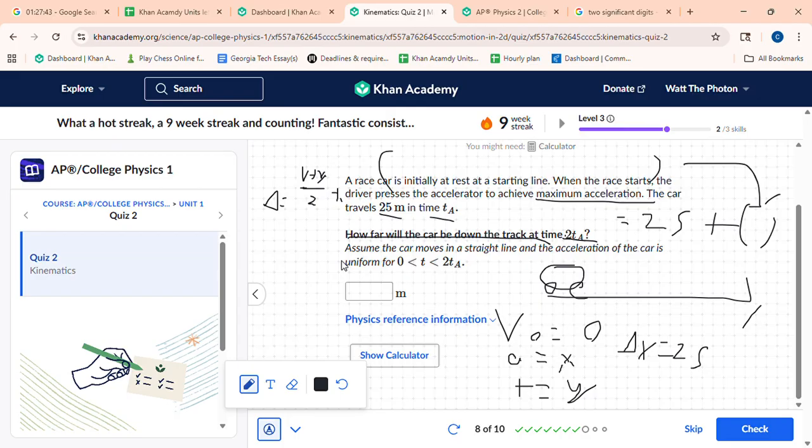We should have delta x is equal to v naught t plus 1/2 a t squared. That's it.